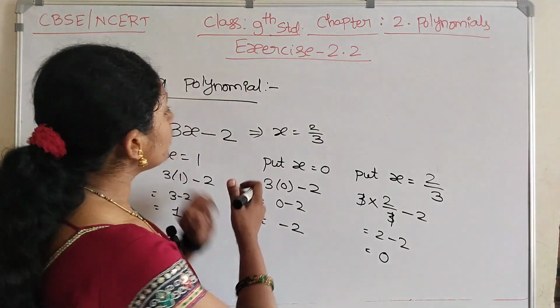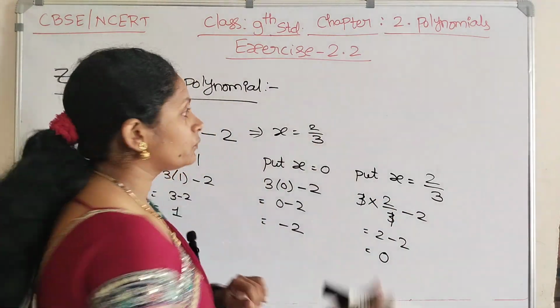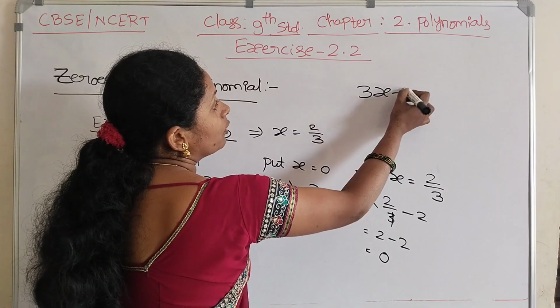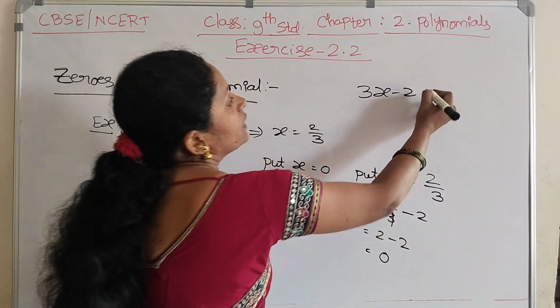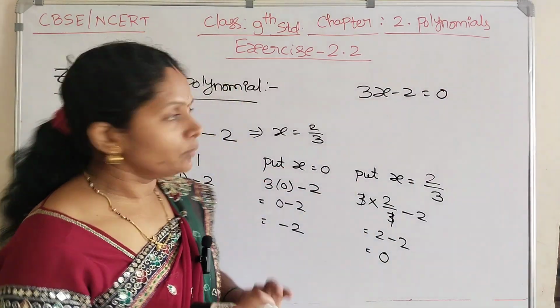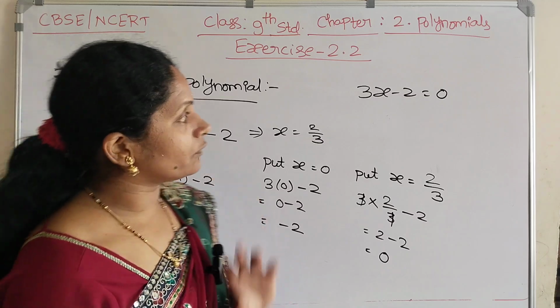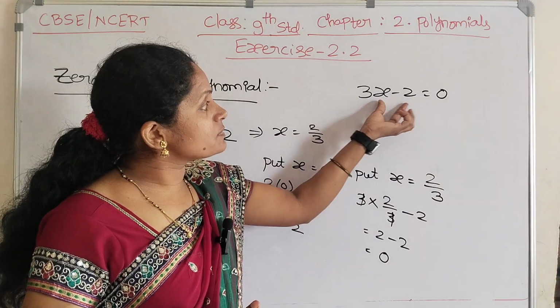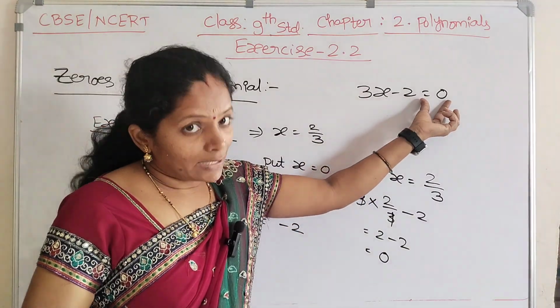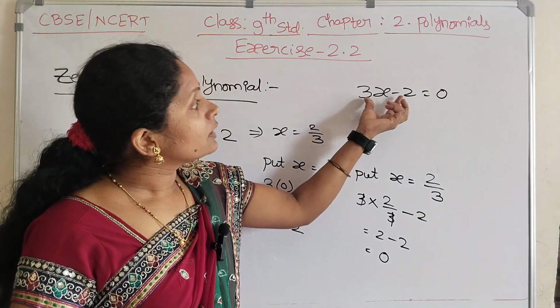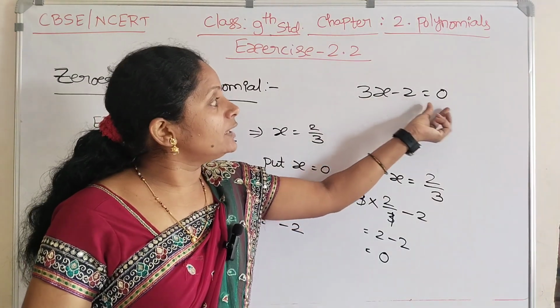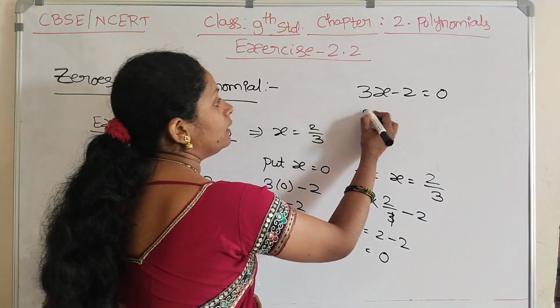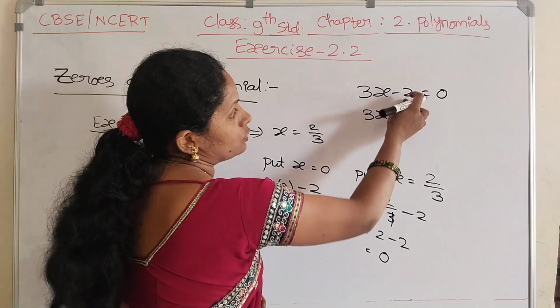And actually, how can we get the zero of this polynomial? If somebody asks you to find out the zero of this polynomial, the first step is, 3x minus 2, you have to equate it to 0. Means the given polynomial, you have to equate it to 0. Then 3x is equal to minus 2.